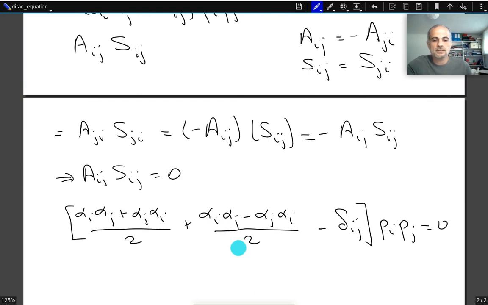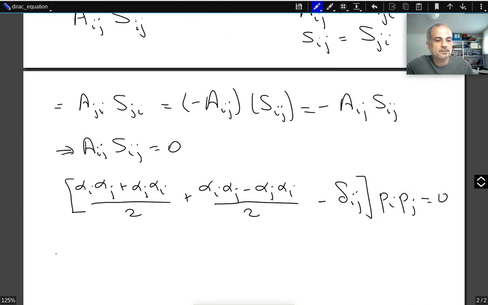But you see that this is anti-symmetric in I and j. If I change I and j, this whole thing changes sign, whereas pi pj is symmetric under the exchange of I and j. So when I multiply this term with pi pj, I automatically get 0 independent of the properties of alpha i's and alpha j's.